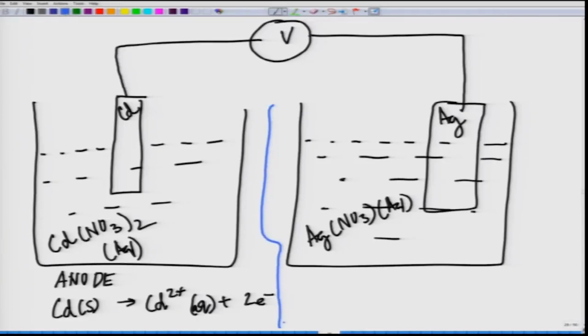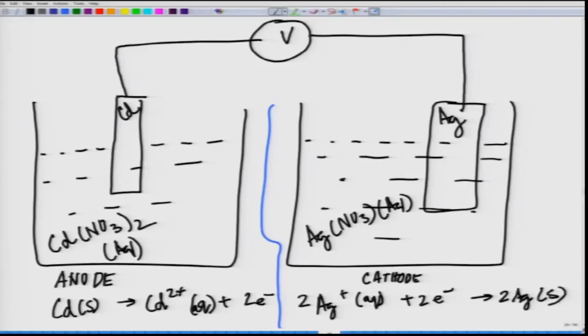The other side is at the cathode, where you have 2 Ag+ aqueous plus 2 electrons giving 2 Ag solid.